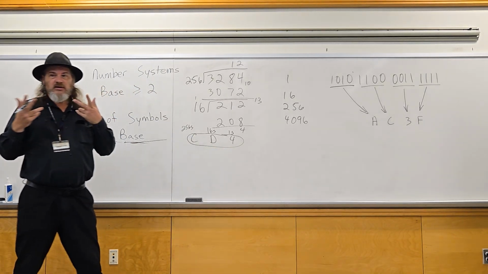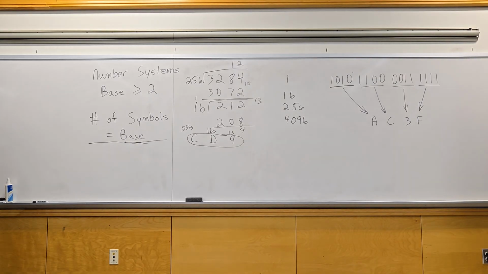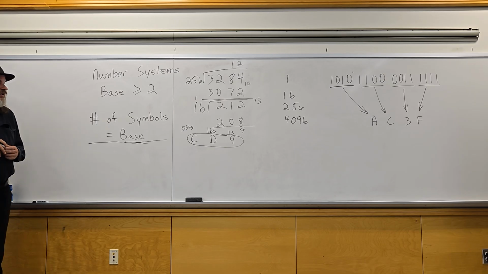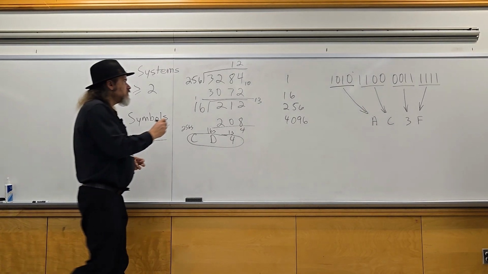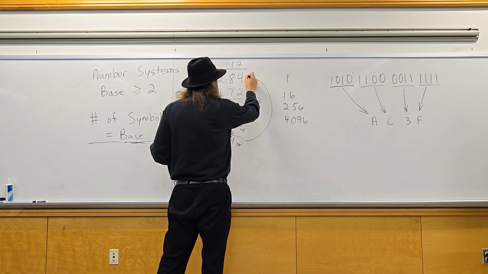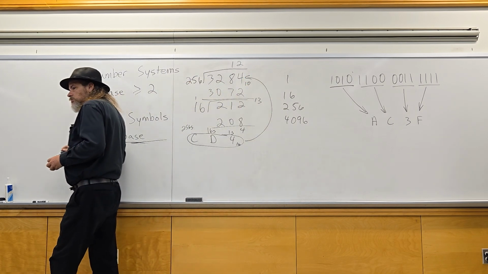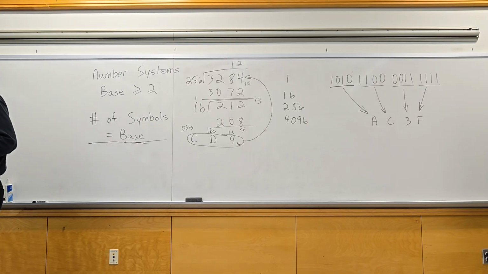You'd only be dealing with 2. So CD4 in base 16 is equal to 3284 in decimal.